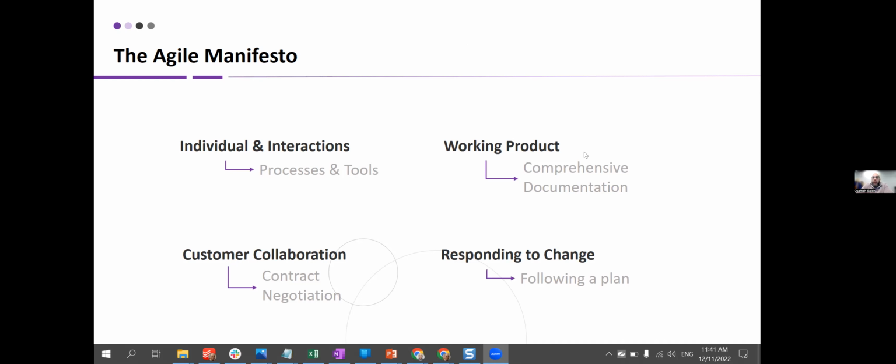So what Agile is saying is focus on what actually provides value, right? Which is, at the end of the day, we're trying to give a working product to our customers. And here, customer collaboration over contract negotiation. Of course, we need contracts, but we want to make sure to build a relationship based on trust with the client so that we can make things happen.